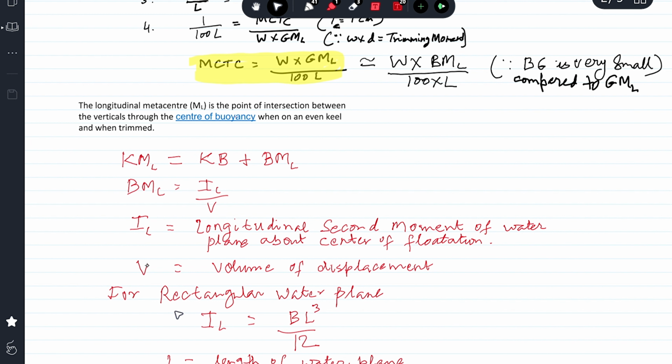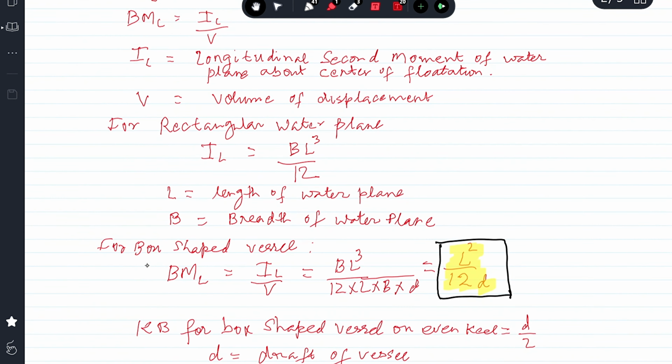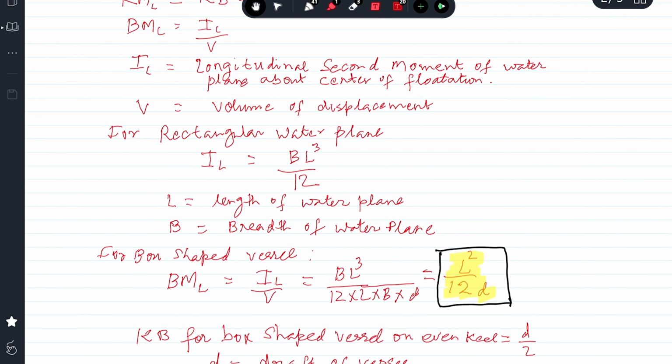There's a formula: if the water plane is a rectangle, then IL is given by BL cube upon 12. Remember, it's only if it's a rectangular water plane, like a box shaped vessel, that you can find the second moment of water plane longitudinal.